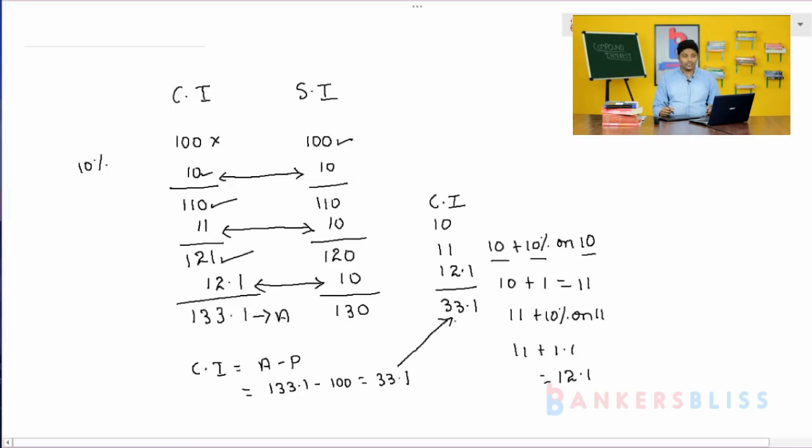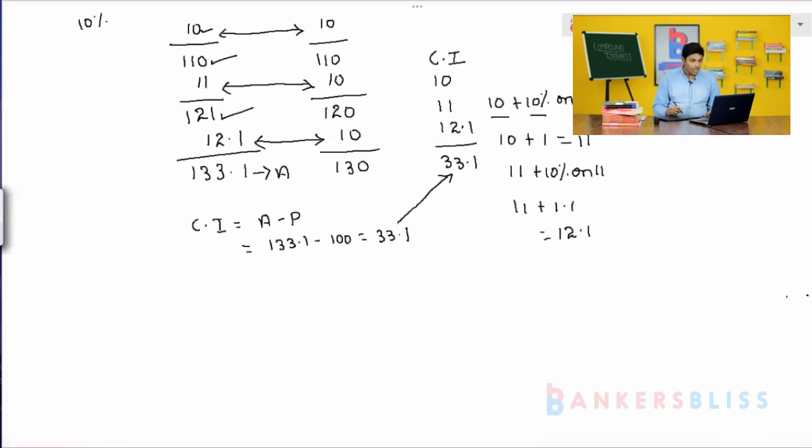Okay, so the formula we are going to use to calculate the compound interest and the total amount: the total amount is equal to principal amount into (1 plus rate of interest by 100) whole power n. So this is the formula we are going to use to calculate the total amount.